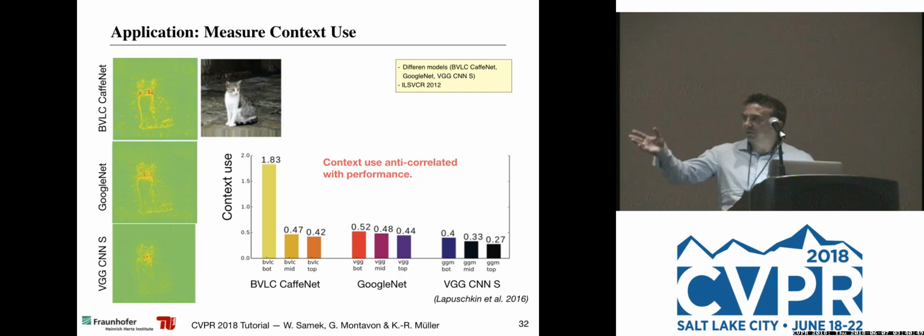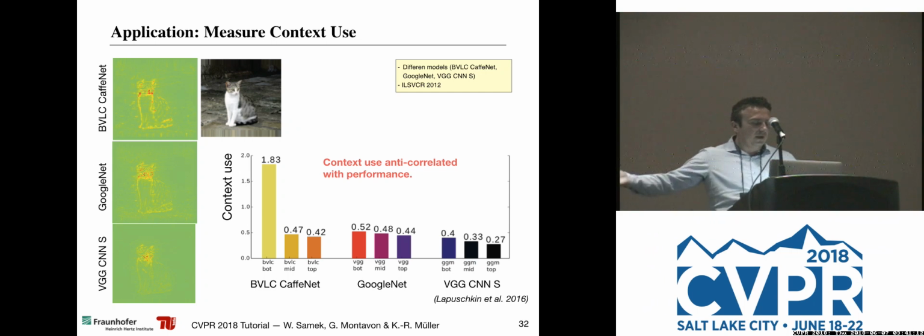For the left yellow part, there is much more context used. In some sense, the model was not able to identify the class and really put the relevance on it, so it puts a lot of relevance in the context, and this leads to bad performance.